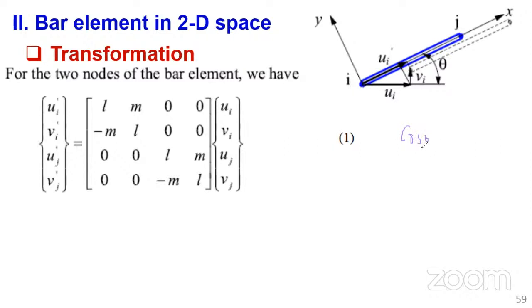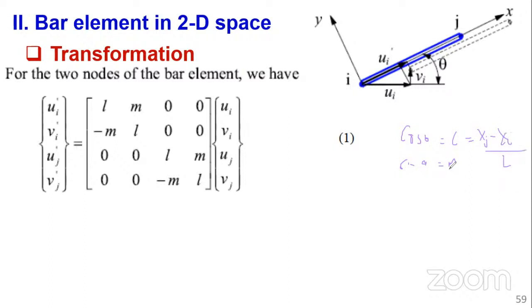Cos theta, you can use the notation L. Sine theta, you can use the notation M. They are directional cosines, where cos theta will be equals to xj minus xi over L, the length of the member.